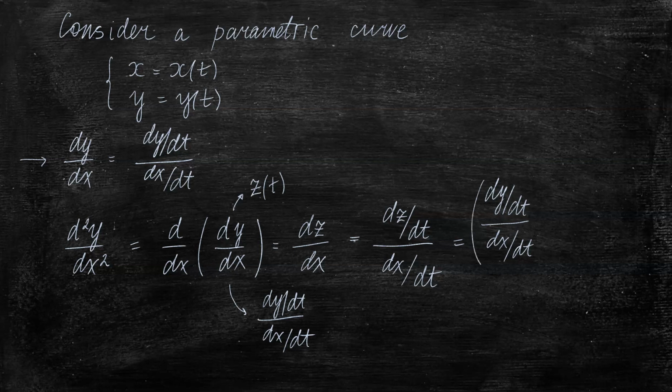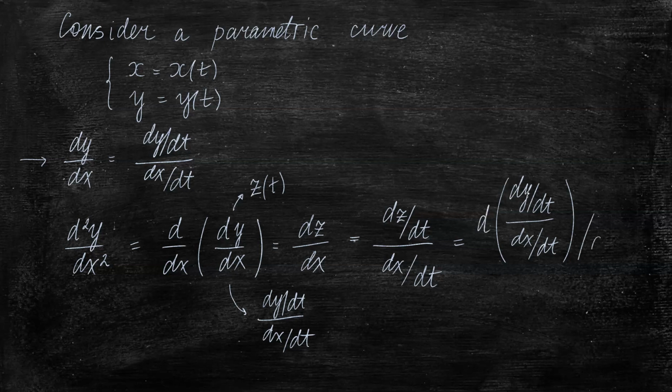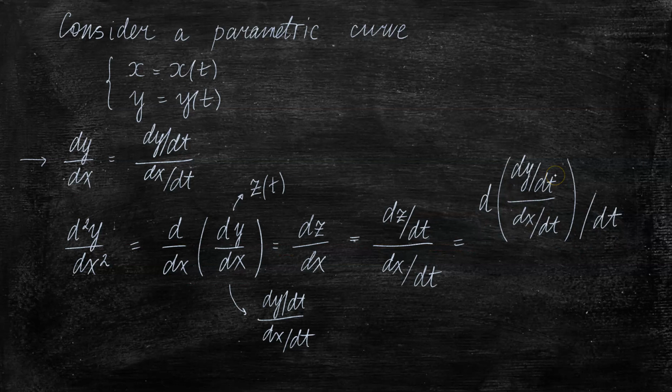There's a lot going on here. So we have dz, and this is our dy dx. It's a function of t. Then we take this and differentiate it with respect to t again, and then we divide all that by the dx dt.